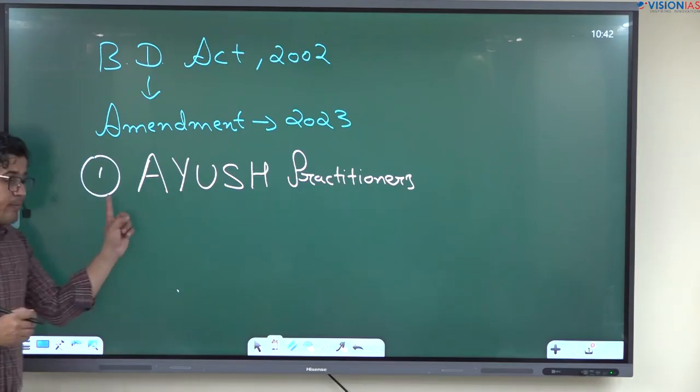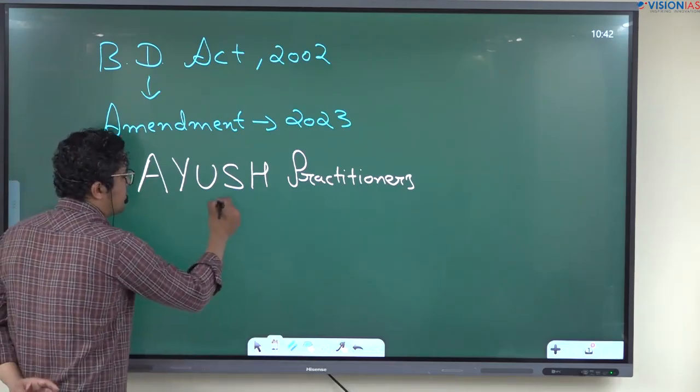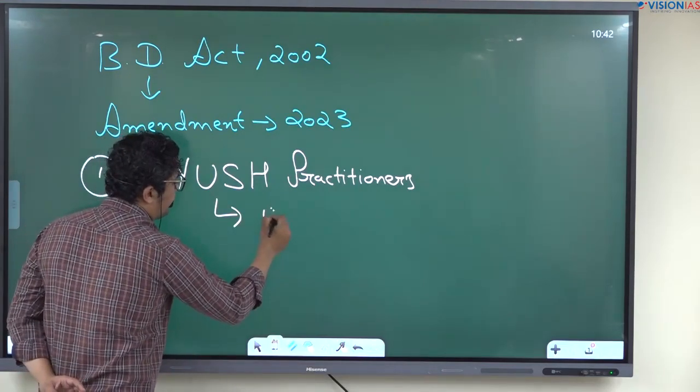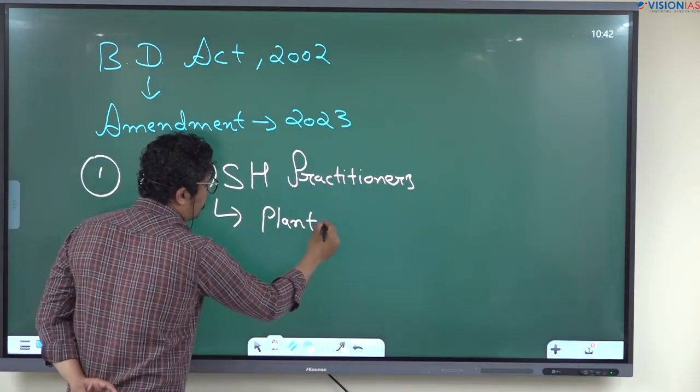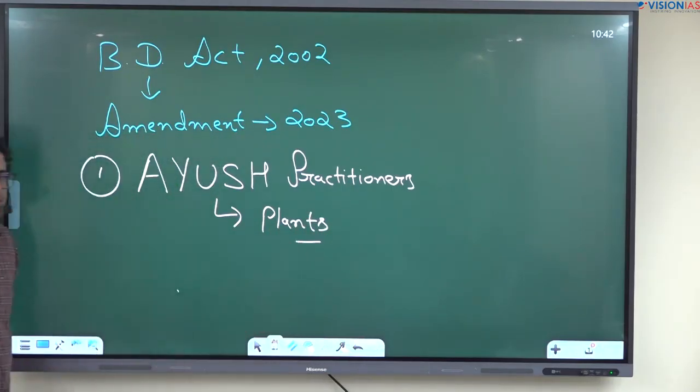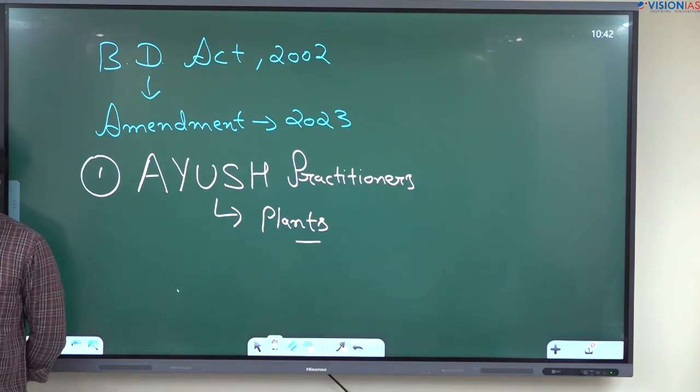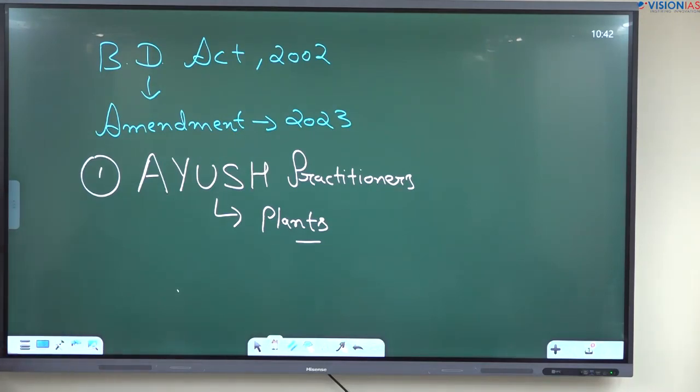Now in these medicinal systems, medicines are made mostly from plants. You need medicinal plants from the forest to make a medicine. You can take the example of Ayurveda. Most of the medicines are made up of plants.